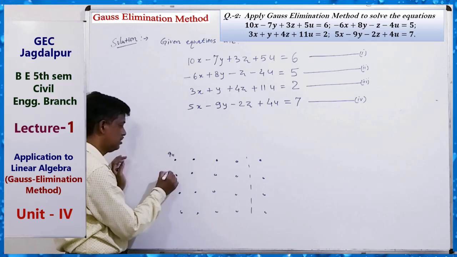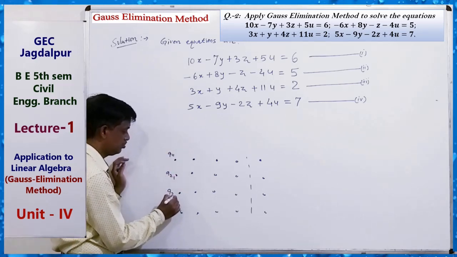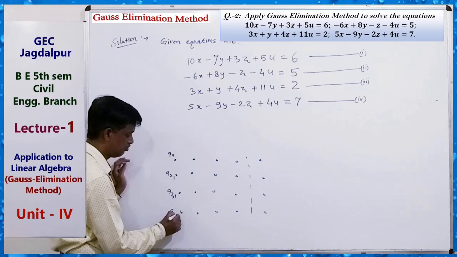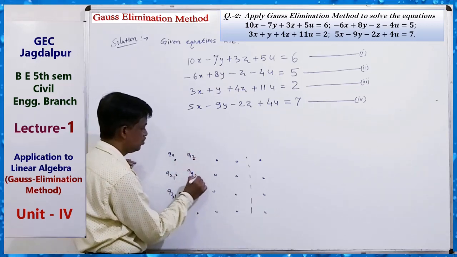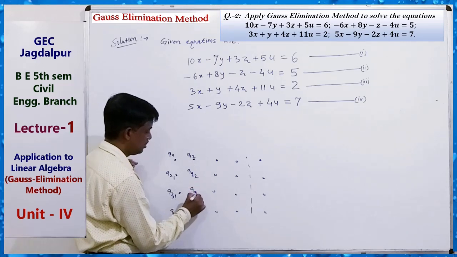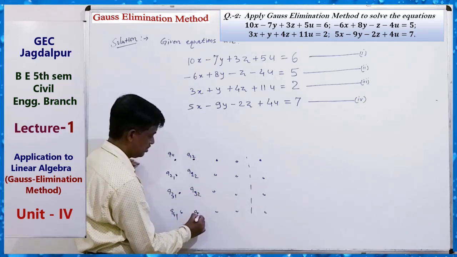This is A11, A21, A31, A41. Then here A12, A22, and so on.